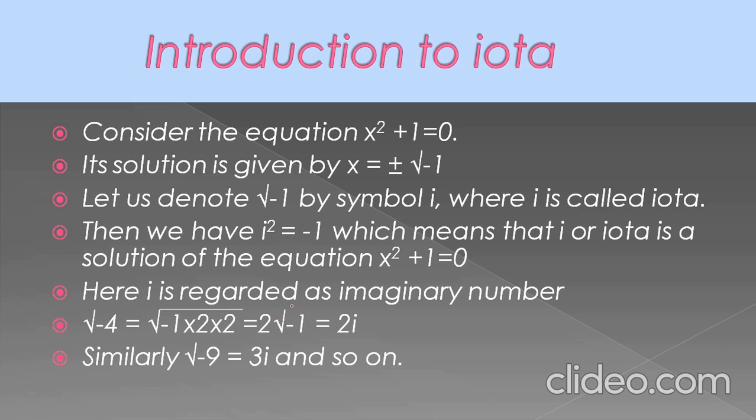Now square root minus 1 is equal to iota, so that is equal to 2 iota. And similarly we can find square root minus 9, that will be equal to 3 iota, and so on. So this was all about iota.